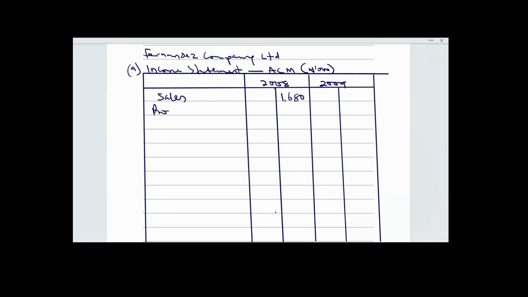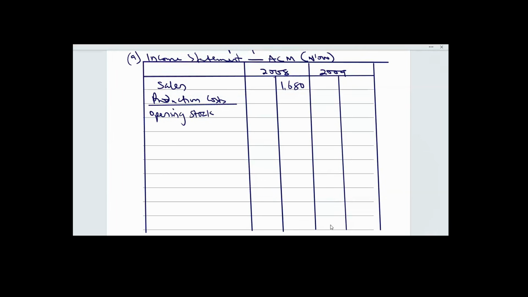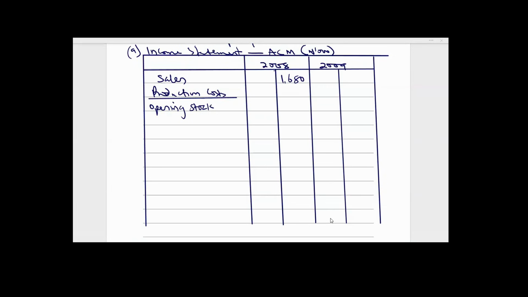Then we determine production cost. Under this, the first item will be opening stock. We go back to the question to identify if we are given any opening stock. Yes, in the second table, inventory on hand at 1st January 2008 was 28,000 units.